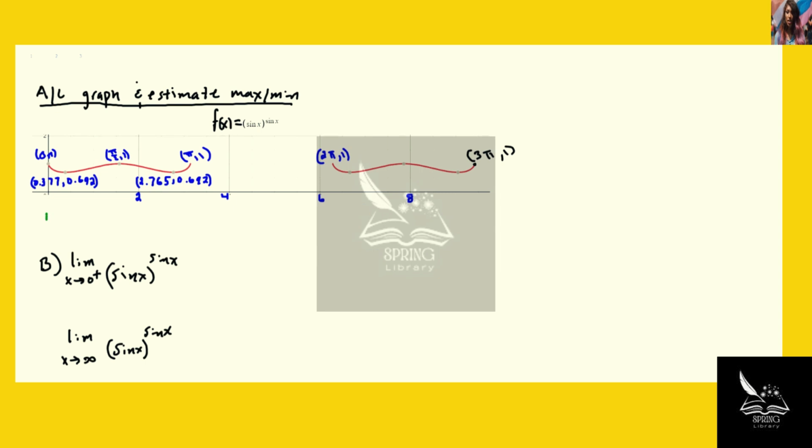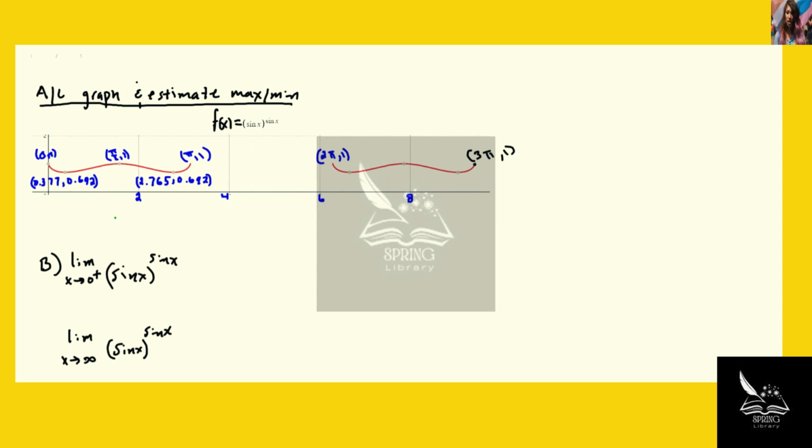We're supposed to find what the max and mins are, which I already did. But we will need to know that this is periodic with 2 pi for when we're finding the values exactly in part C, as well as estimating our inflection points. So once we find those just on this first period here, we can just add 2 pi k, where k is some integer, to get the rest of our solutions as well.